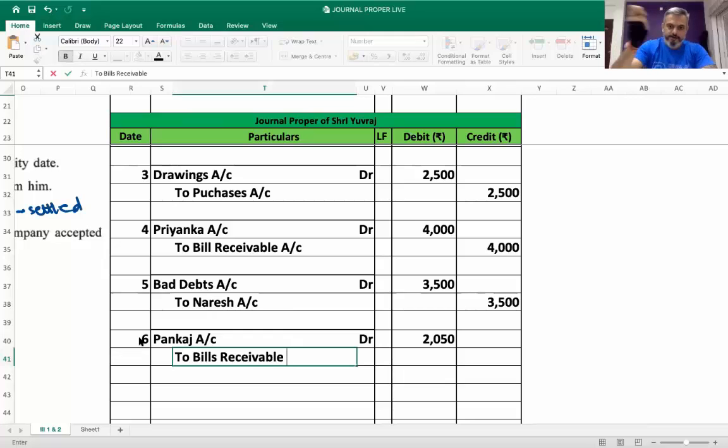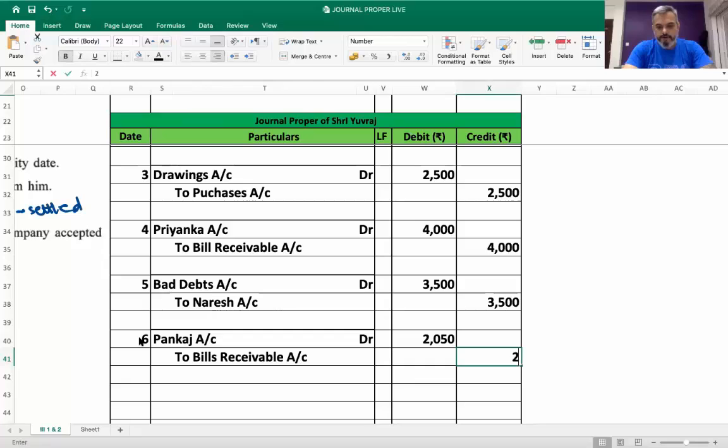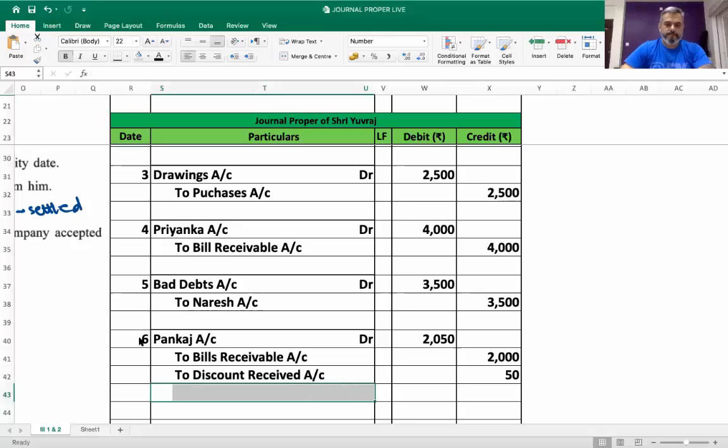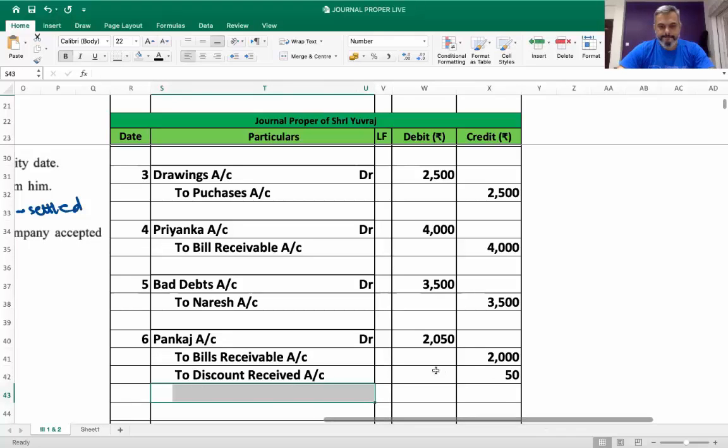We are giving the bill to Pankaj. So bill receivable goes out of rupees 2,000 and to discount received or allowance account 50. We have done such sums when we did trade discount and cash discount. Account settled. We have also done such transactions in the cash book.